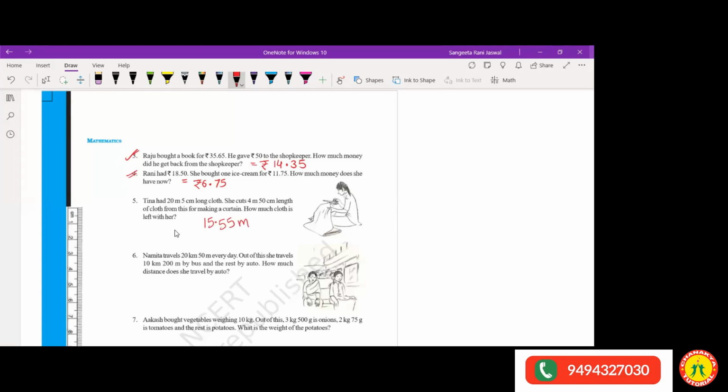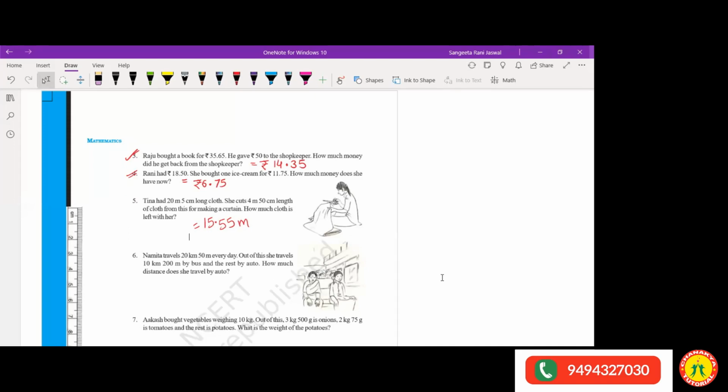Okay. All got the same answer? Yes, ma'am. Lovely. Good. So that means this much meter cloth is left. Okay. Now next question. Adrit will read the next question.